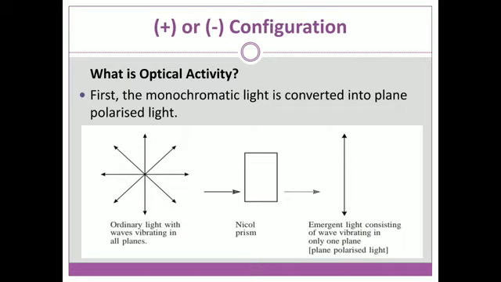When this ordinary light is allowed to pass through a nicol prism, the resultant light vibrates in only one plane. This type of light is called plane polarized light. So first we have to convert ordinary monochromatic light into plane polarized light.